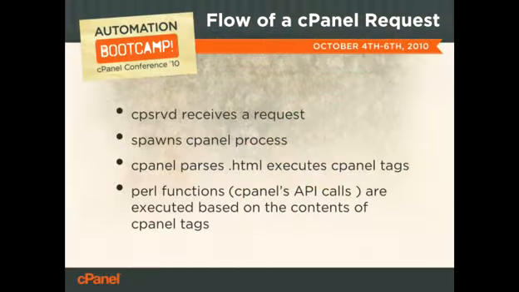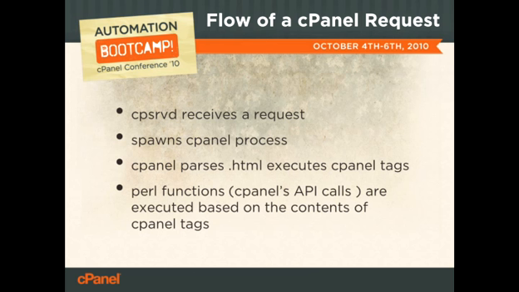Now, what actually happens when we load up that page? Well, first, cpsrvd, which is the HTTP server that cPanel uses, receives a request for foo.html. At this point, it goes, okay, I'm receiving this request on port 2083, which is the port that cPanel works on, and it launches a cPanel process with the HTML file as the parameter.